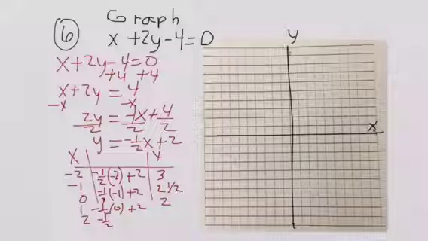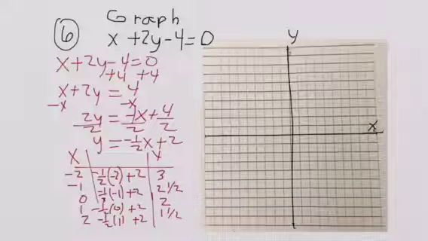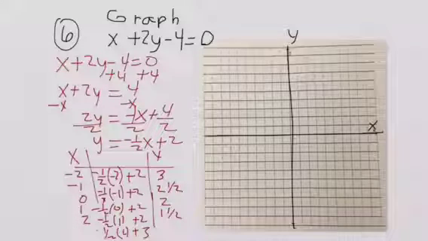Negative 1/2 times 1 is negative 1/2 plus 2 is going to give us our 1 1/2. And negative 1/2 times 2 is going to give us a positive 1. Oop, that should be a negative 1. Negative 1 plus 2 is going to give us a 1.